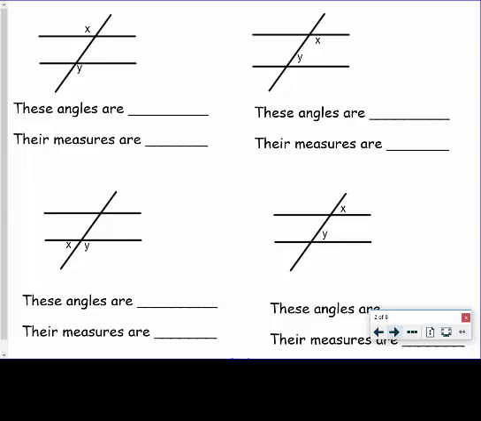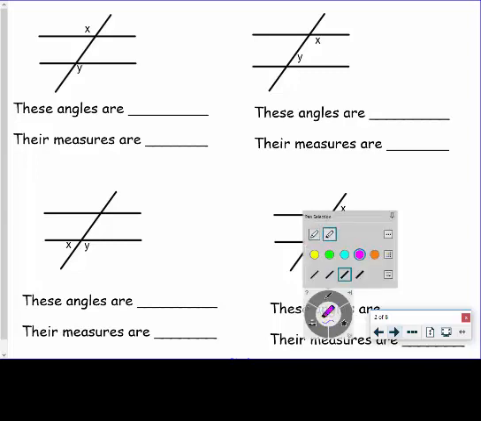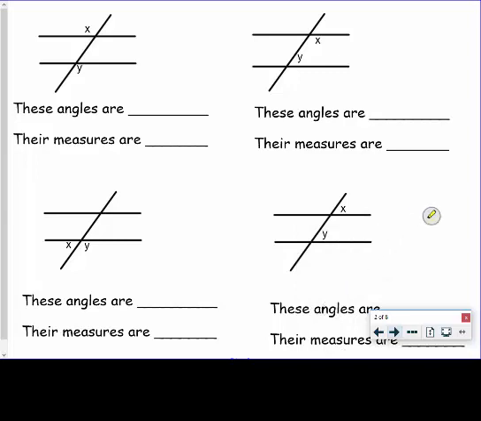Let's do the first four. So let's get through these. All we're going to do is list what the angle measurement is, the name of the vocab word, and if it's congruent or supplementary. I highly suggest you keep shading the interior.